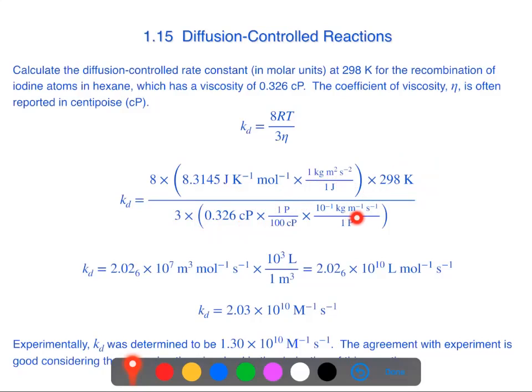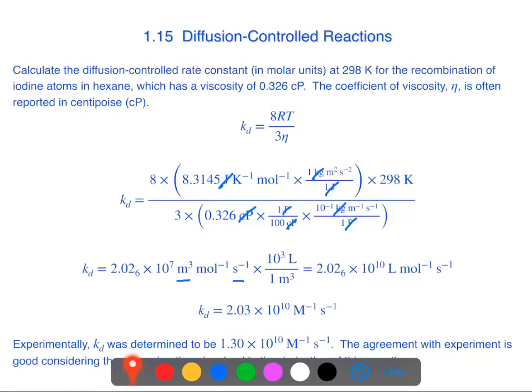So when we calculate out this particular value in our units, we'll get cancellations. And meter squared divided by meter to the minus 1 gives you meter cubed. And seconds to the minus 2 divided by seconds to the minus 1 will give you seconds minus 1. So this is what we get from that calculation.